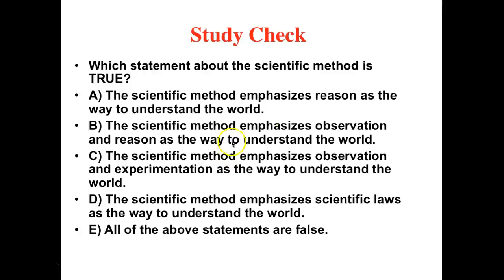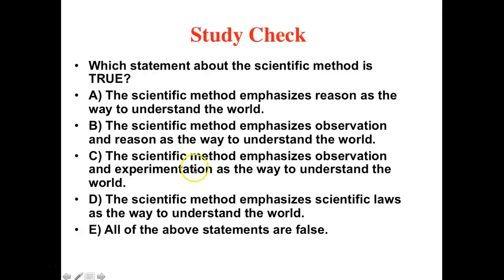All right. So the scientific method emphasizes observation and reason as the way to understand the world. This observation, yes, but just confining themselves to observation and reason would be inaccurate. The scientific method emphasizes observation and experimentation as the way to understand the world.